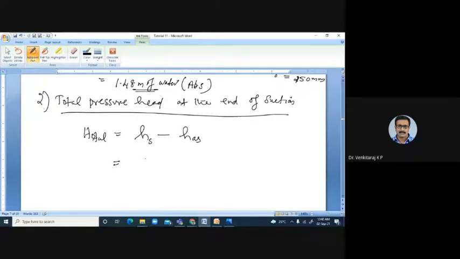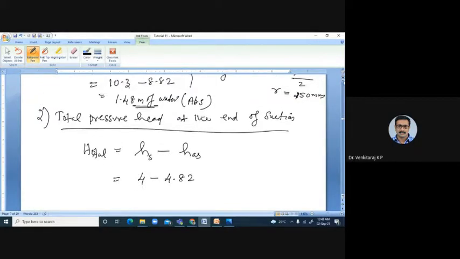So we can write this as 4 minus 4.82. There's no need to find it again because we have calculated this as 4.82 in the earlier calculation.